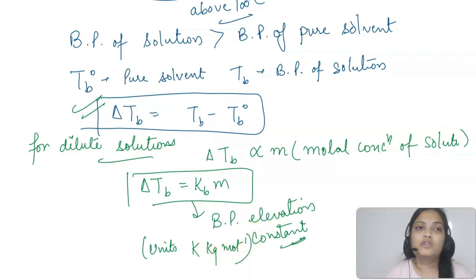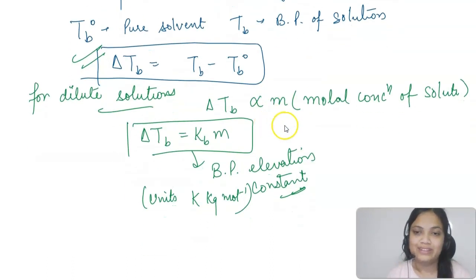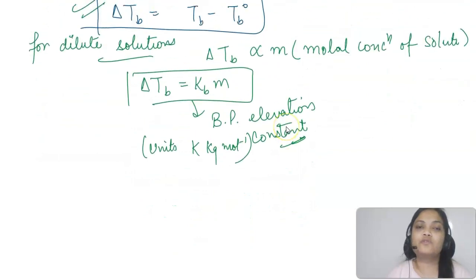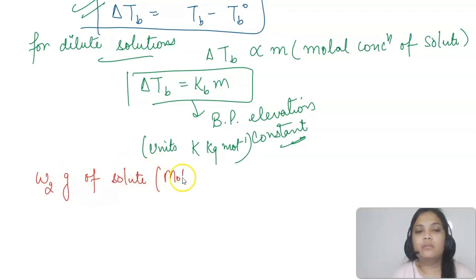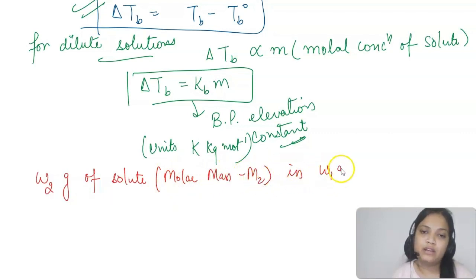Alright students, so this is the elevation in boiling point. Now you know what molality is, right? Molality is the number of moles of solute dissolved per kg of the solvent. So if I have W2 grams of solute with molar mass M2, dissolved in W1 grams of solvent, what is the molality in this case?